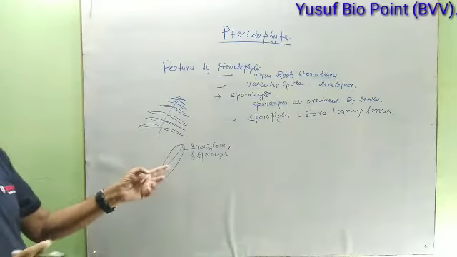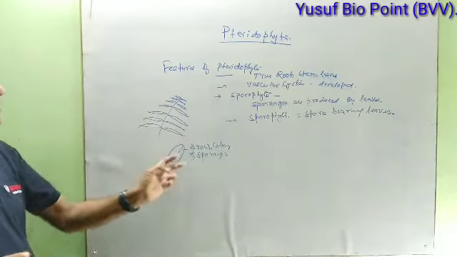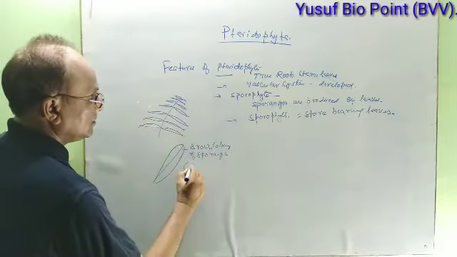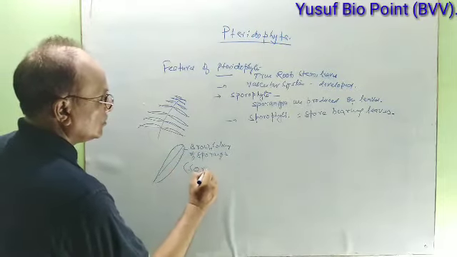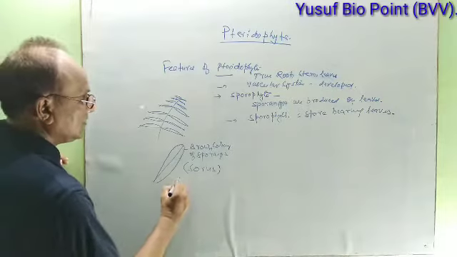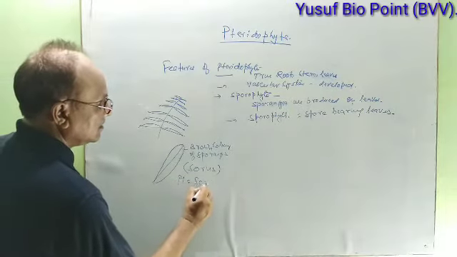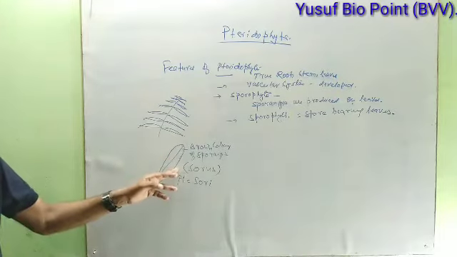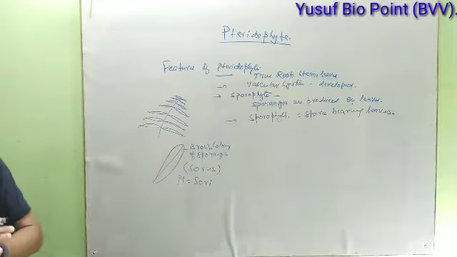In the immature stage it is green in color, but on maturation it becomes brown, and that is known as sorus. So these spore bearing organs are developed.